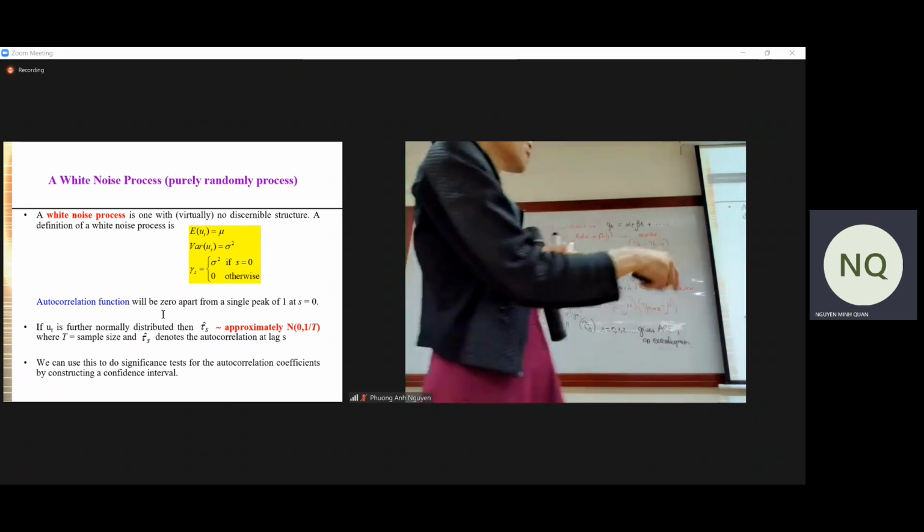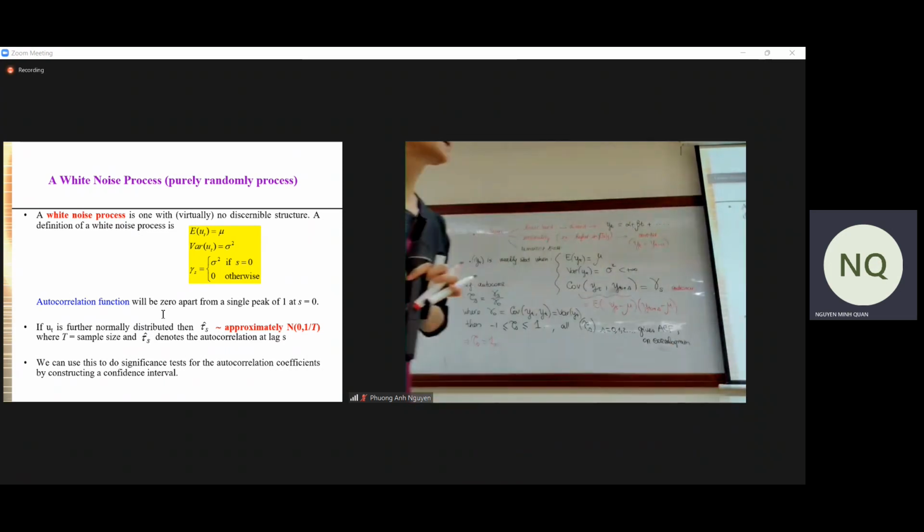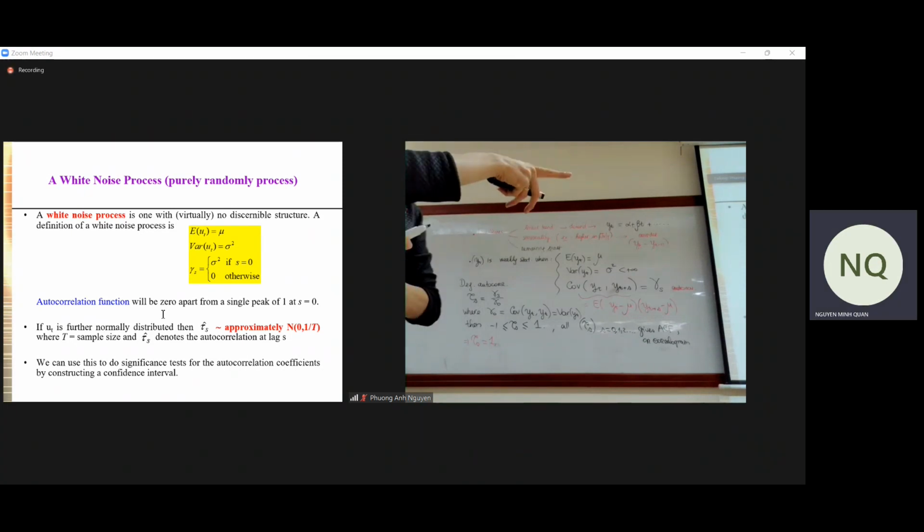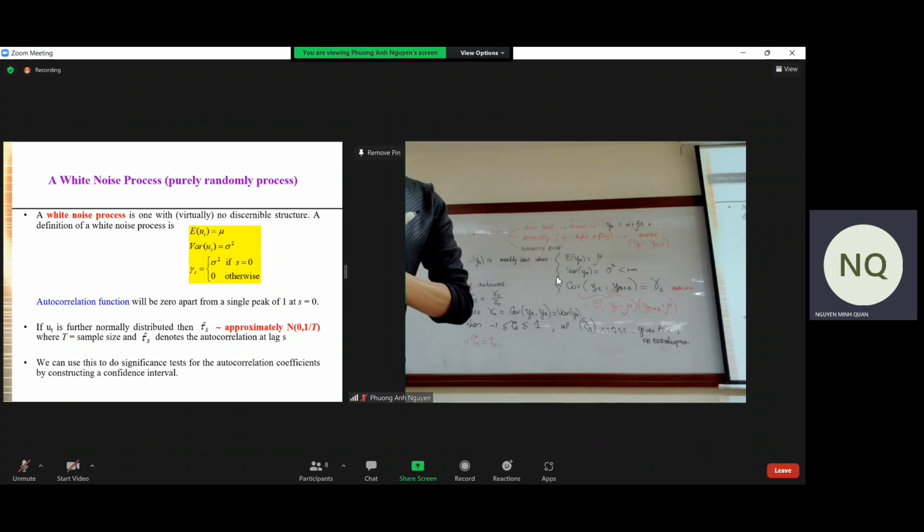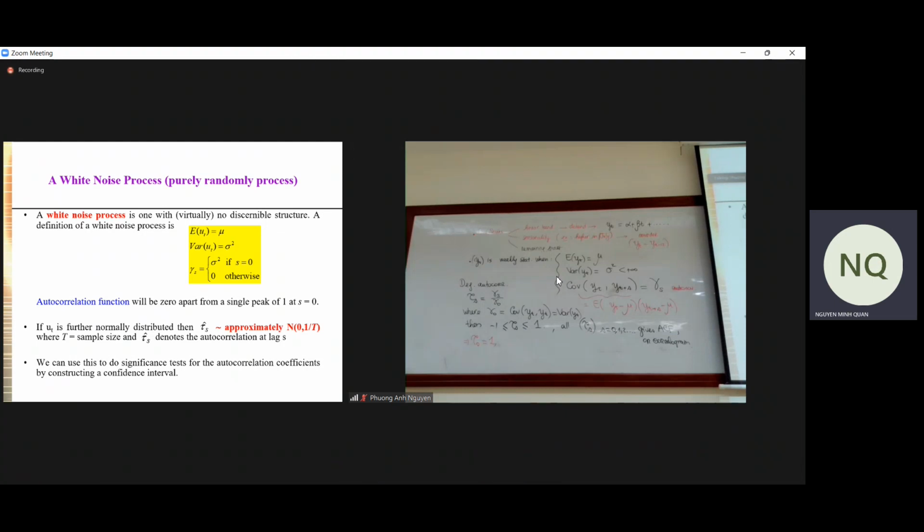What is important is the next part. In addition, if the series is normally distributed, then it can be proved that tau hat s, where tau s is the autocorrelation and tau s hat is the sample autocorrelation that you calculate from the data set.